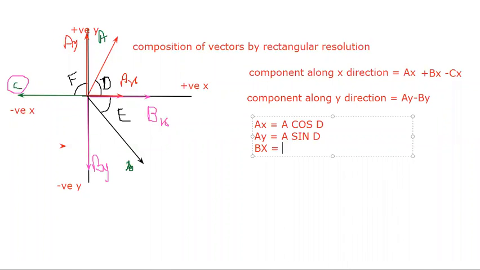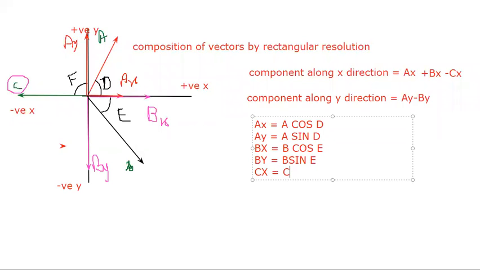Bx is B cos E. What is By? B sin E. What is Cx?